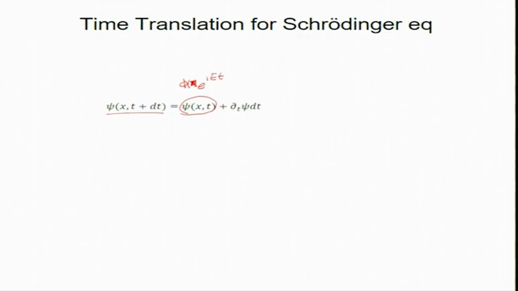I am just writing some jumbled up stuff. So time translation means what? The wave function right now or the wave function sometime later. So I look at the wave function sometime later. That will be a different function. But does everybody understand what is meant by time translation?